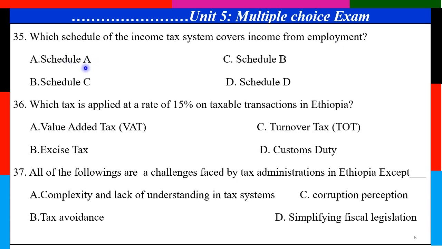A. Schedule A, B. Schedule B, C. Schedule C, D. Schedule D. So the right answer for this one is what? Schedule A. Schedule A is related to income from employment, or income from the civil servants, from the government employees.